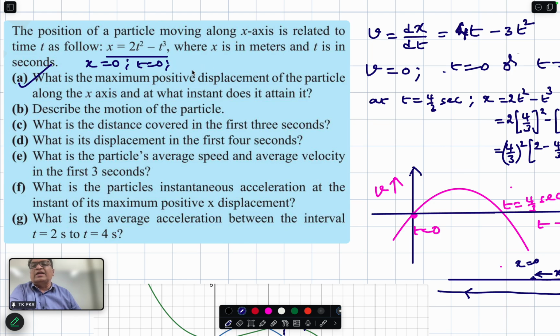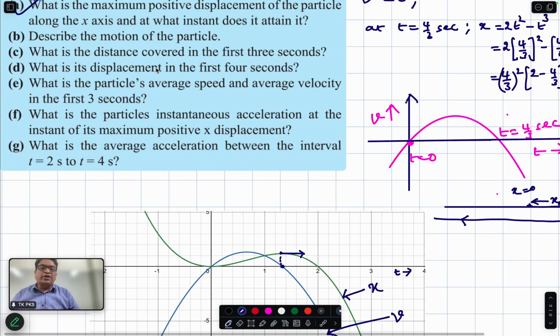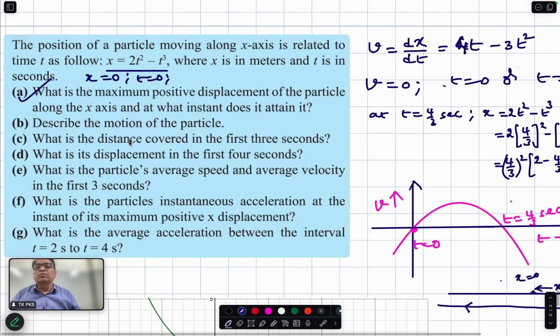One option. Another option. What is the other option? You have that on the board. t is equal to 2. t equal to 0 is one option. Another option is x equal to t times (2t minus t square). Put t equal to 2. You will get, one is t equal to 0, another is t equal to 2 seconds.